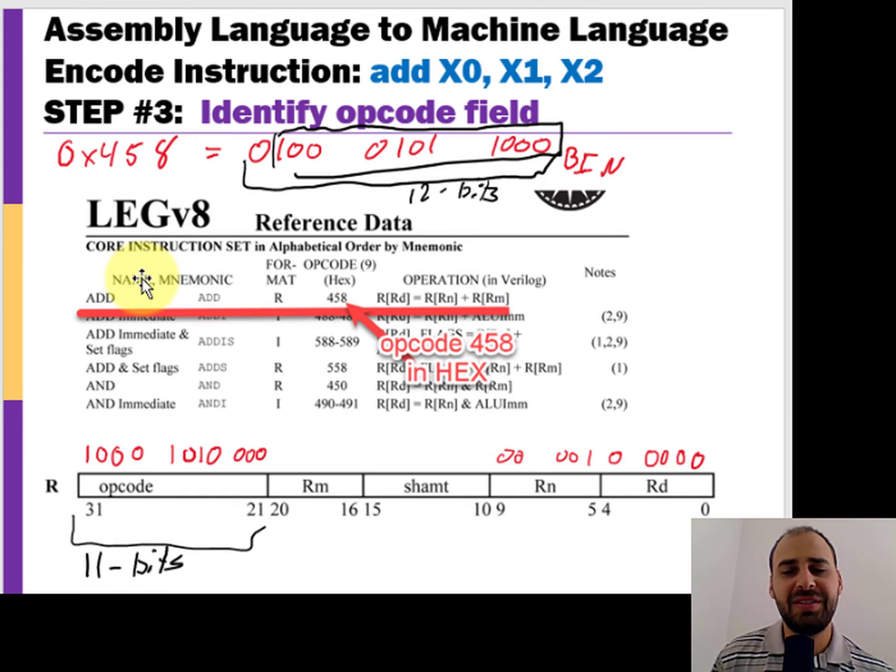I'm trying to write it so we can convert it to hex very easily, and double check that we have the right number of bits. The shift is 6 bits that are always going to be all zeros. And RM is register 2.